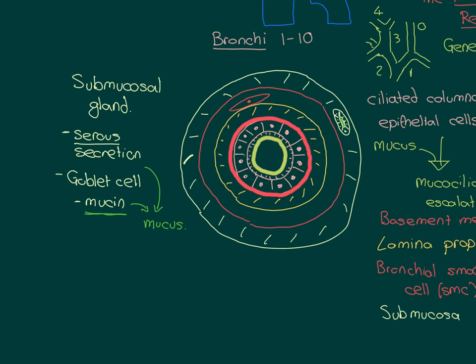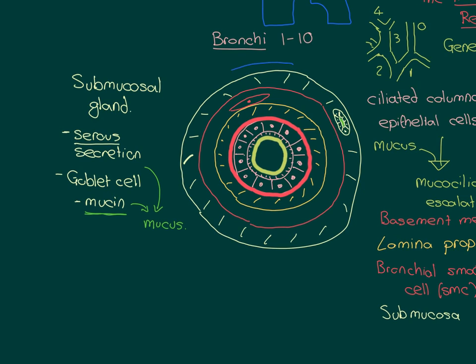Okay, so let's now go to the layer outside the submucosal layer, the final layer of the bronchial wall, which is the cartilage layer. So I will pick another colour for this, and we'll go, I think, to blue. So the final layer outside of the submucosal layer is another connective tissue layer, but this connective tissue layer is going to contain great big lumps of cartilage in it.